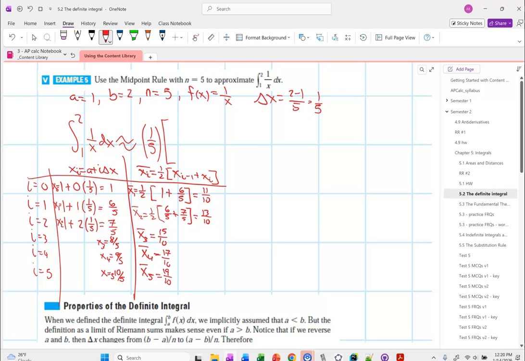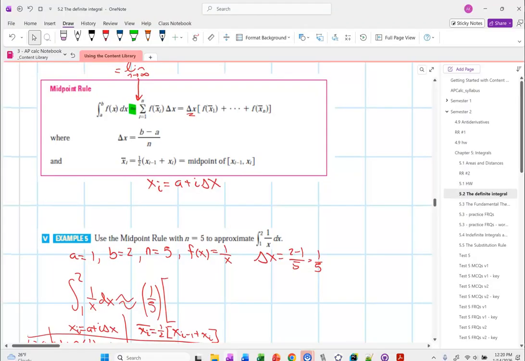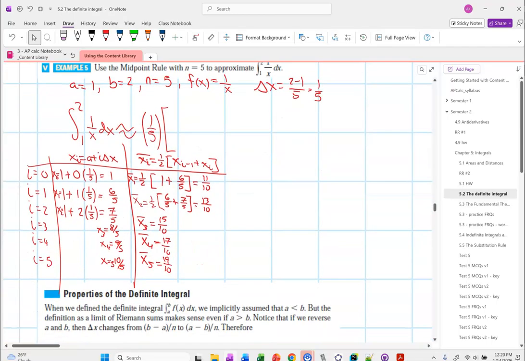All right. So now I'm going to do f of x bar 1, f of x bar 2, f of x bar 3, etc. So f is 1 over x. So if I do f of 11/10, it's going to be 1 over 11/10, or just 10 over 11.